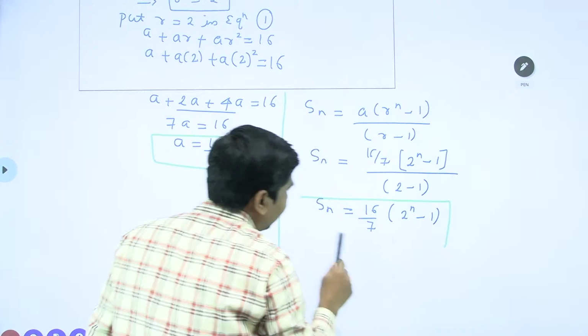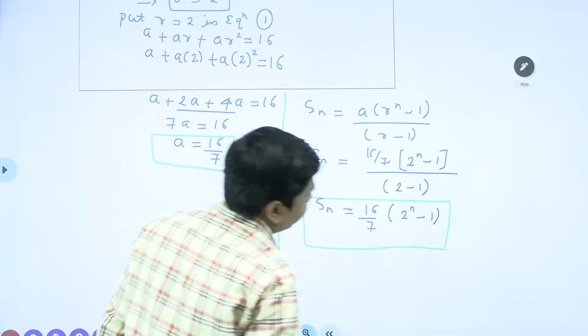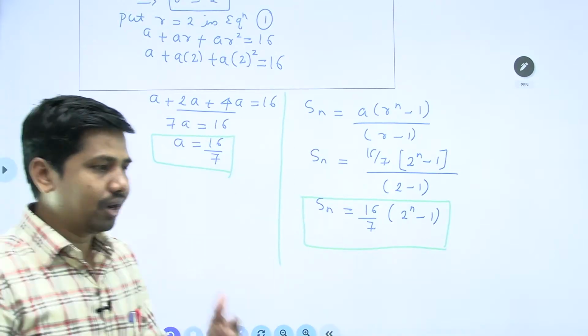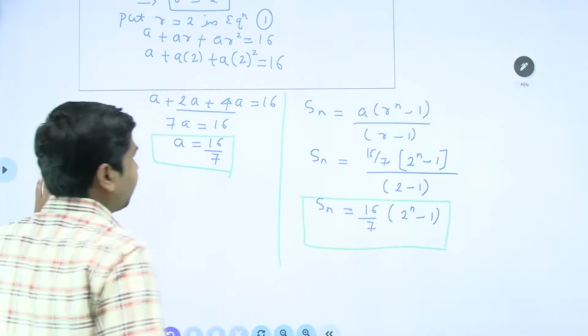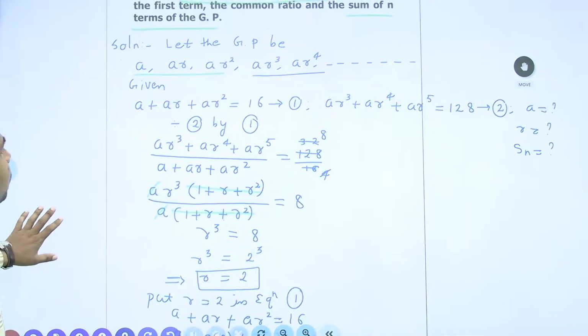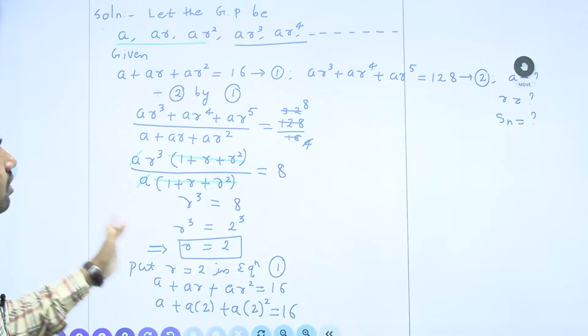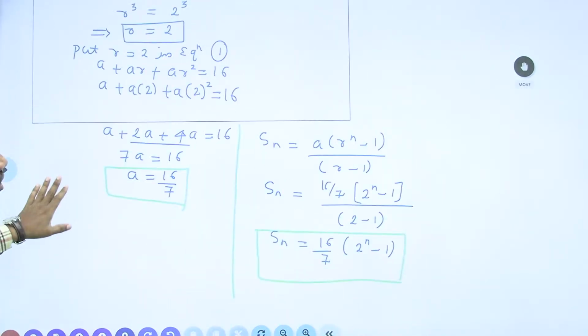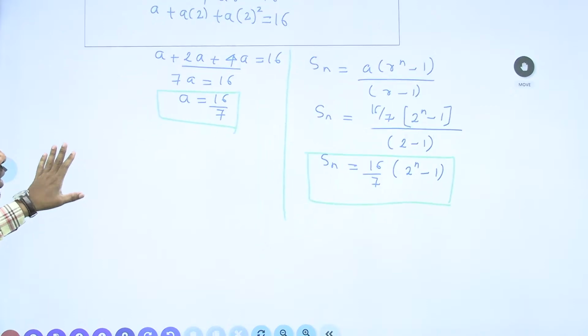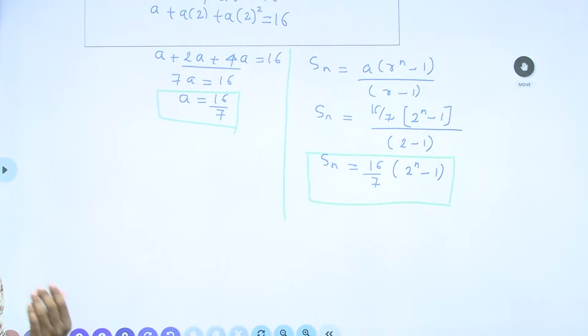This is the sum of n terms for this geometric progression, where the condition is satisfied: the sum of the first 3 terms is 16 and the sum of the next 3 terms is 128. So your Sn is 16 by 7 into 2 raised to n minus 1.